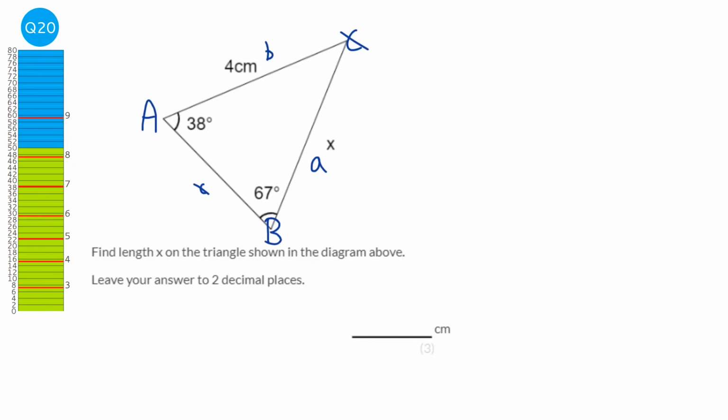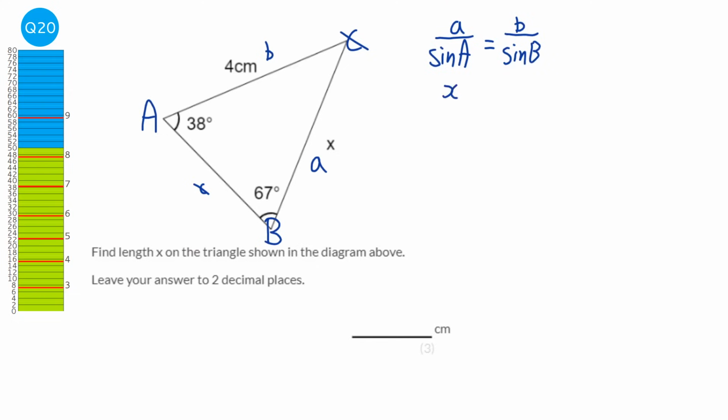Now when you've got two pairs of angles and sides, you're going to be using the sine rule. Now, the sine rule is either sine A over a, or it's a over sine A. Now, when we're looking for a length, we put the length on the top. So it's going to be lowercase a over sine capital A equals lowercase b over sine capital B. Okay, so we're going to fill in the values.